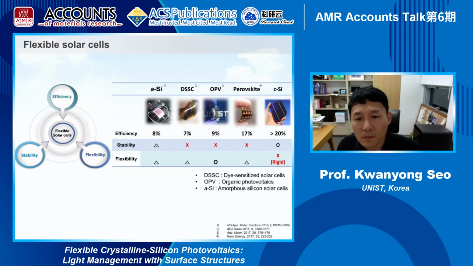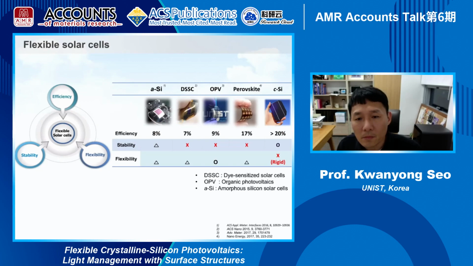Among them, stability is the key parameter regarding the realization of the flexible solar cell, because currently many researchers are working on flexible solar cells using emerging materials such as organic dyes and organic polymer materials, or perovskite.